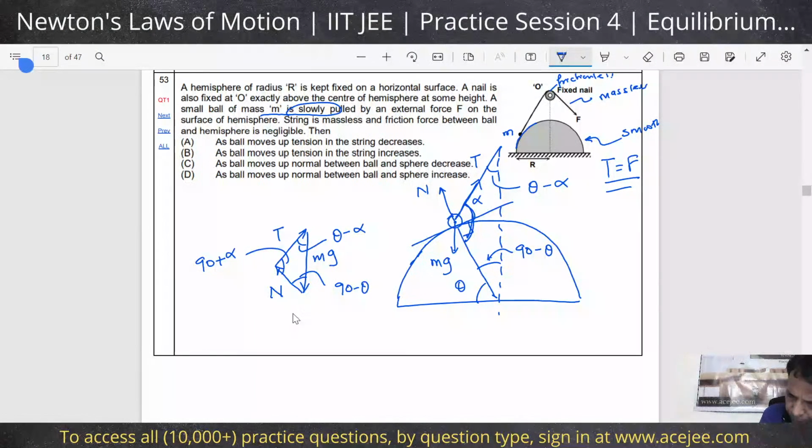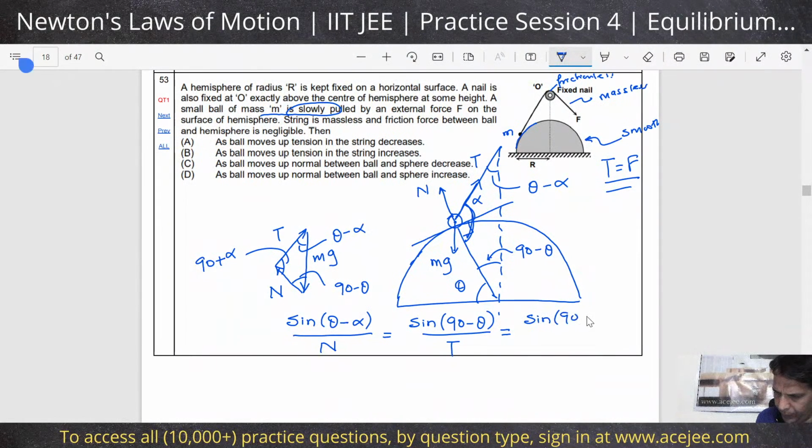So what does it say? It says sine of theta minus alpha divided by N is equal to sine of 90 minus theta upon T is equal to sine of 90 plus alpha divided by mg.